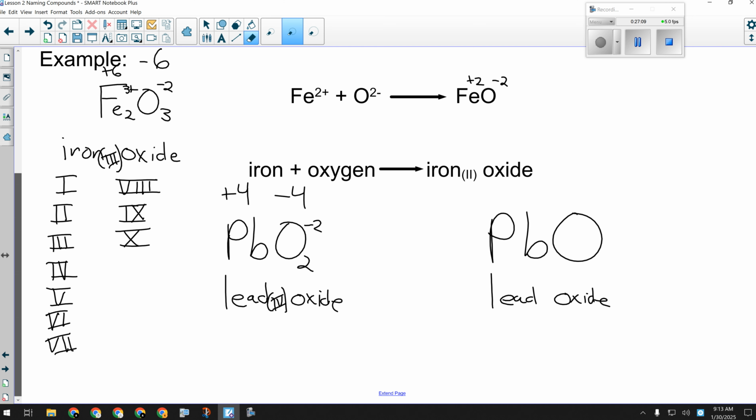Then I look to the non-metal. What's the charge on oxygen? -2. There's only 1 oxygen here, so that means that the lead, since they're 1 to 1, must have the same charge. Agreed? So this is lead, Roman numeral 2, oxide.